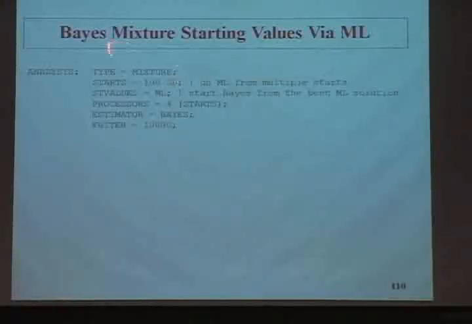At the end, the best solution obtained from these is going to be the starting value for the Bayes estimation. And here you also have this command, which is the processors equals 4 option in starts. That command applies to the search for the starting values, to the search for the best ML solution.